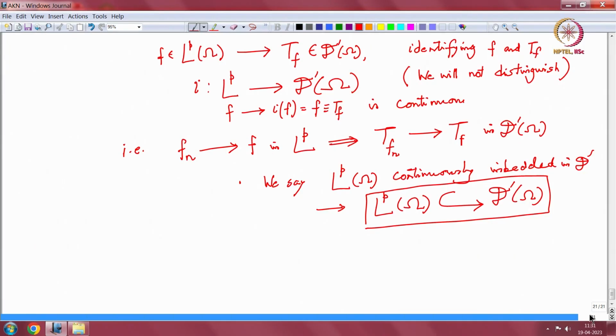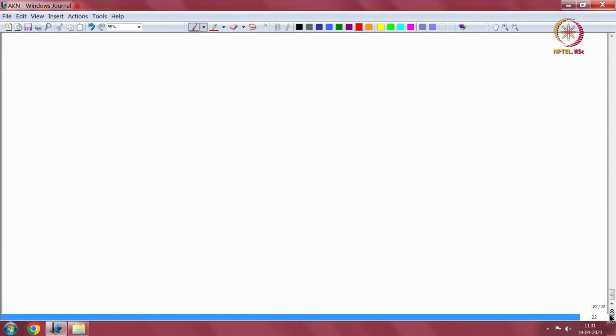So, let us go now to another interesting example, a new example. My example is the Dirac delta. With this example I will be able to stop. Example: Dirac delta.